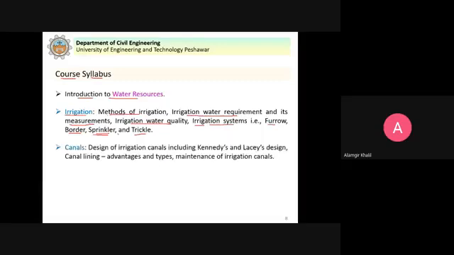Then we will study about canals. As you already know, a canal is an artificial channel that carries the water. So we will study about the design of irrigation canals. We will design them, and as per your syllabus, we will apply the Kennedy and Lacey's theories to design the irrigation canals.